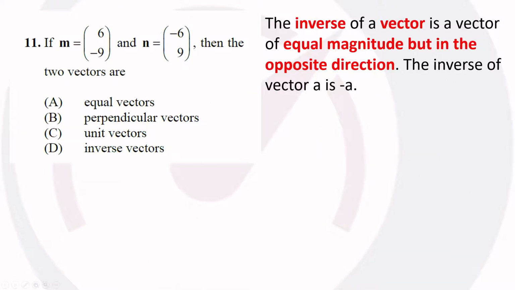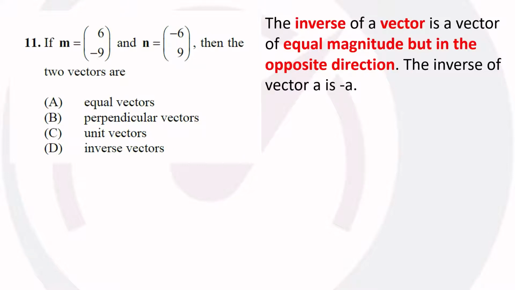Question 11 now says, if M is 6, negative 9 and N is equal to negative 6, 9, then the two vectors are, now in this question it's an obvious giveaway, but there's a new terminology: inverse vector. The inverse of a vector is a vector of equal magnitude in opposite direction.